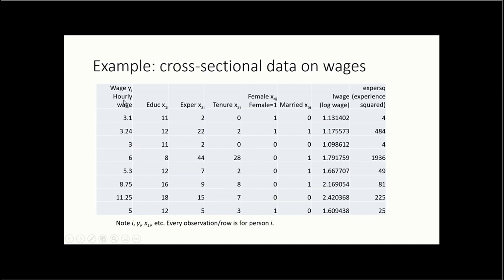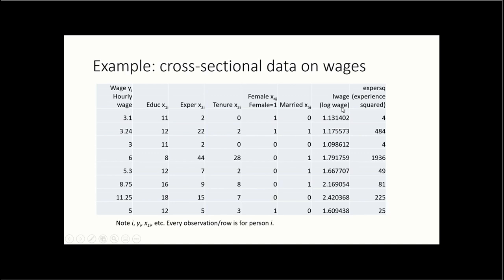So here, y_i would be the dependent variable wage. And then if we want to estimate an econometric model, we could have several independent variables such as education, experience, tenure, how many years on the job, whether or not the person is female and married. Likewise, the data comes with another variable, which is lwage, typically abbreviated for log of wage.